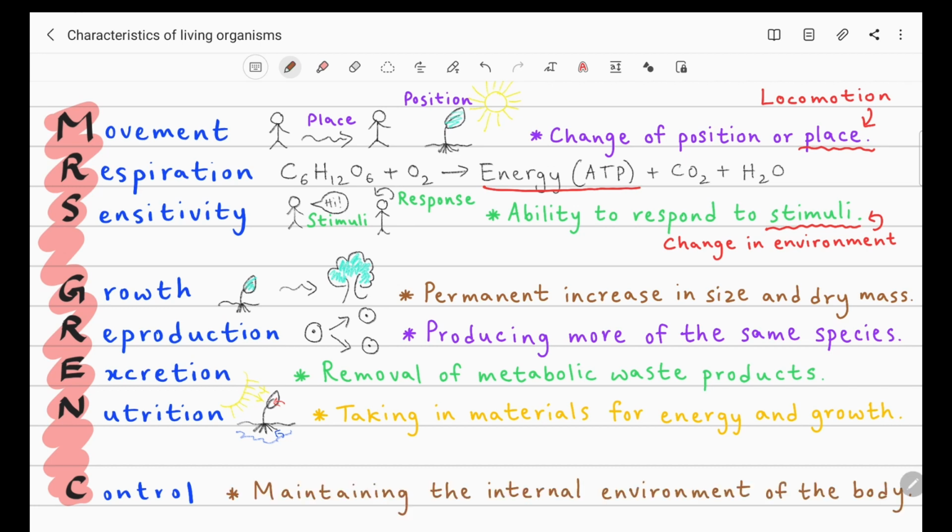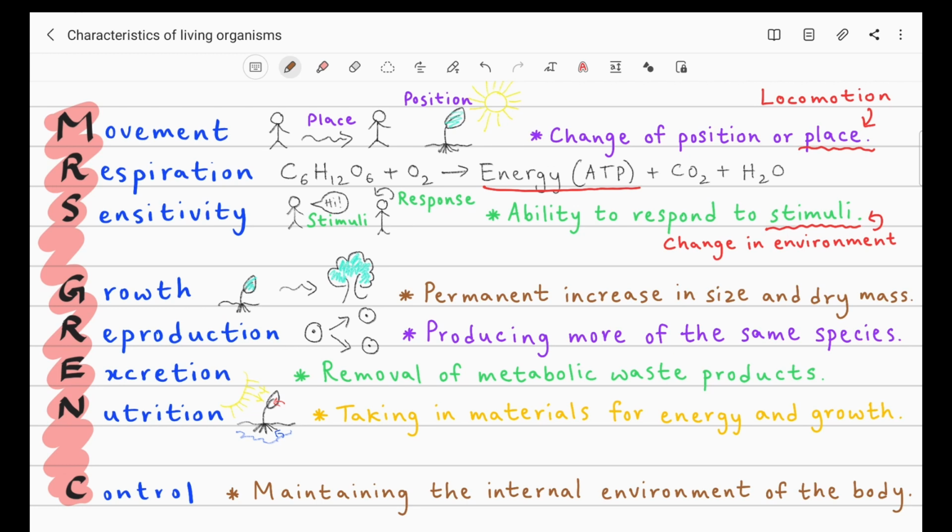So these are the 8 characteristics of living organisms. This is the very first lesson in Biology IGCSEs. So it's basically an introduction to kind of introduce you to biology, what you will be learning in the future, sort of, right?